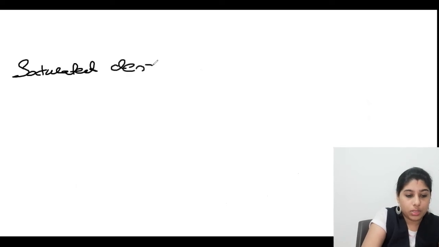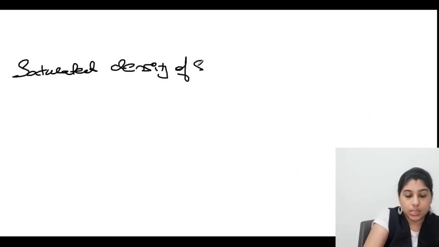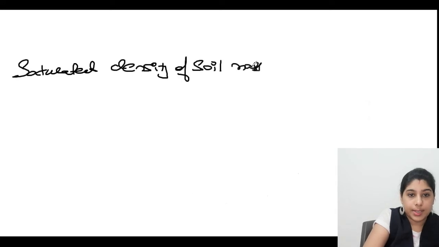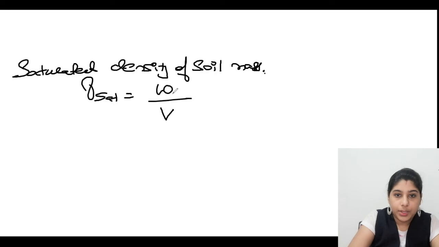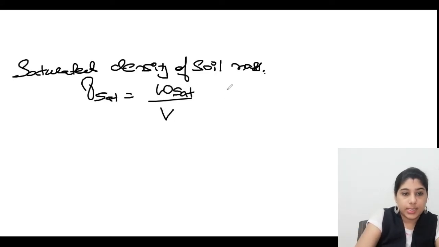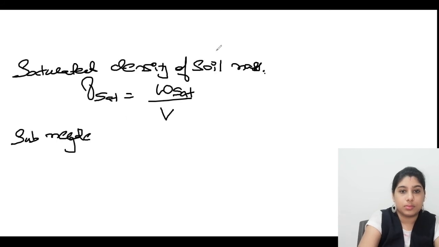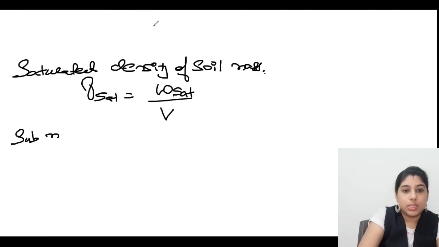Next is saturated density of soil, that is gamma saturated. Every time it will be the ratio of weight by volume, weight of saturated soil by the total volume. And next is submerged density, gamma submerged.